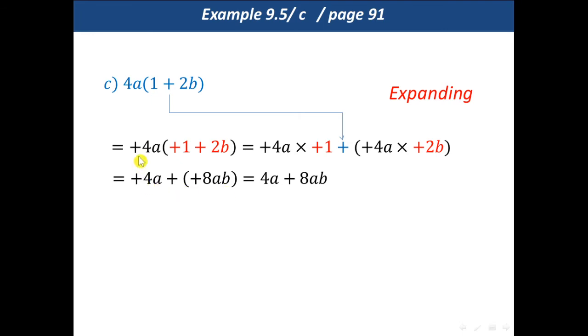You multiply 4a by 1: plus by plus is plus, 4a times 1 is 4a. Then 4 times 2 is 8, and a times b is ab. So 4 multiplied by 2 is 8, and a multiplied by b is ab. And this equals 4a plus 8ab.